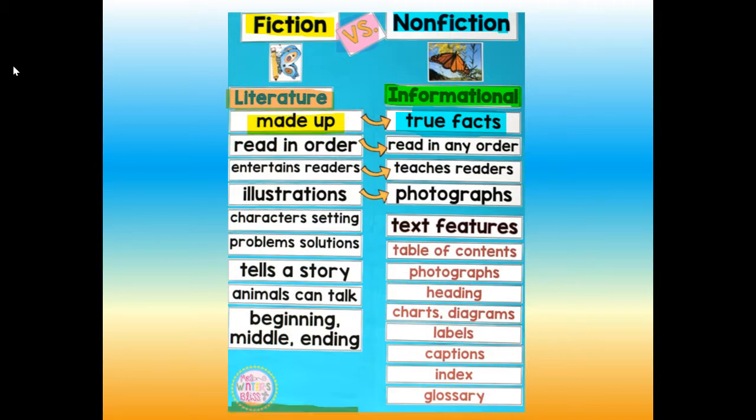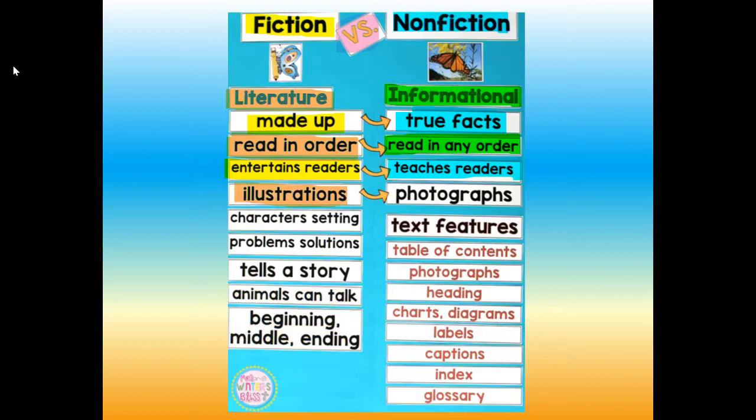Now, for fiction, you usually read it in order or sequence. For nonfiction or informational text, you read in any order. Literature entertains readers when you're reading the story, and informational teaches readers.